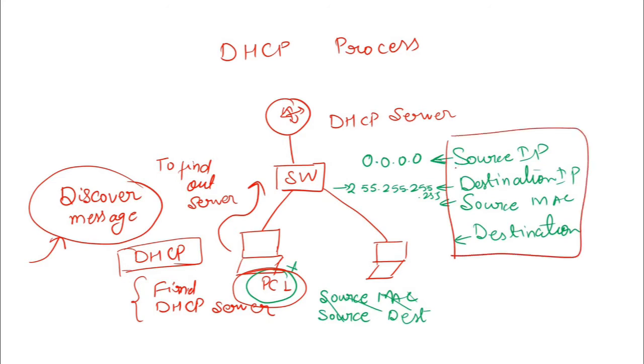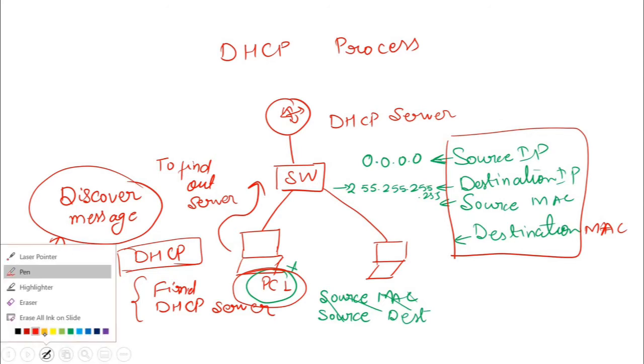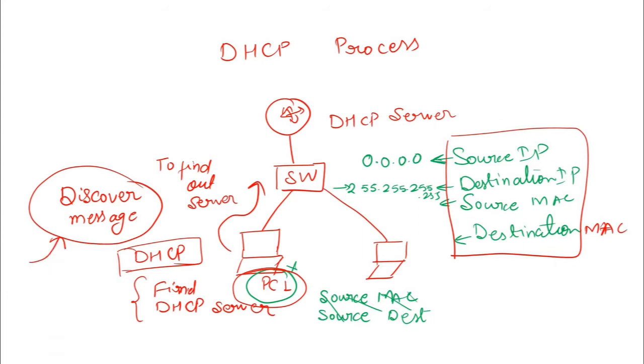So it has to send what source IP it will have, what the destination IP will be, where it is sending, and then what the source MAC address and the destination MAC are. As PC1 still does not have any IP address, it chooses 0.0.0.0 as the source IP address, and it does not know the IP address of the DHCP server, so it uses the broadcast IP address, that is 255.255.255.255.